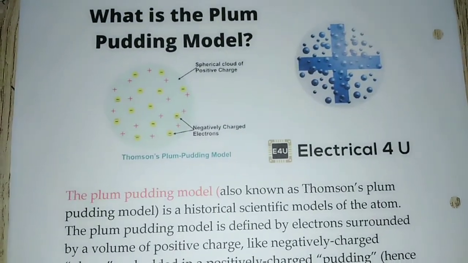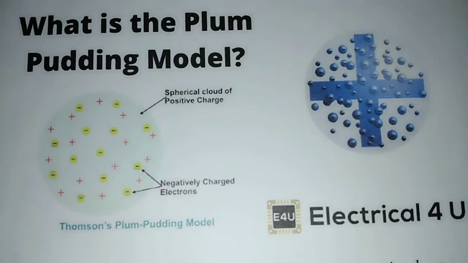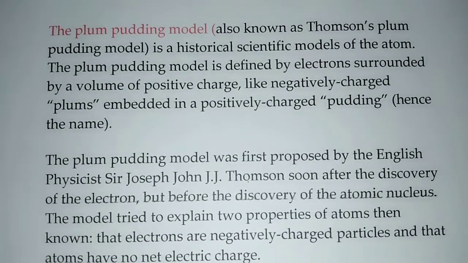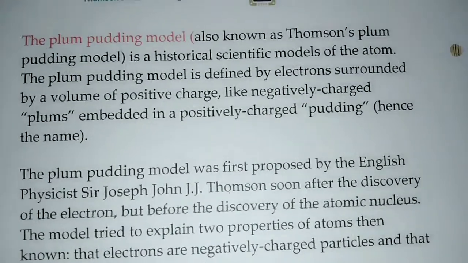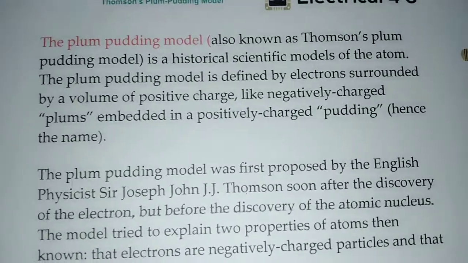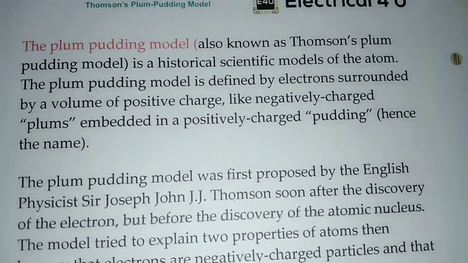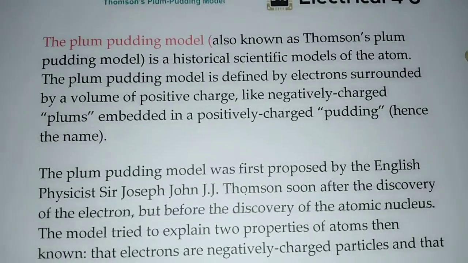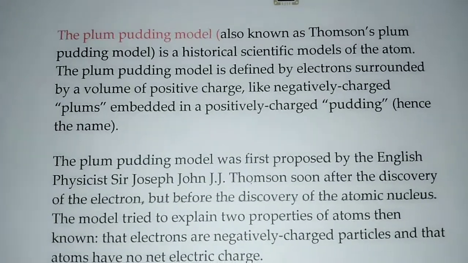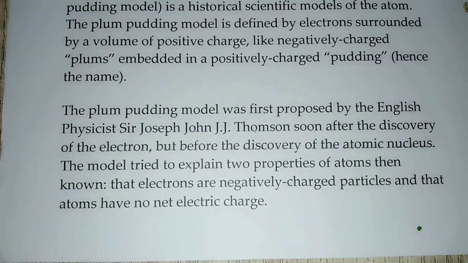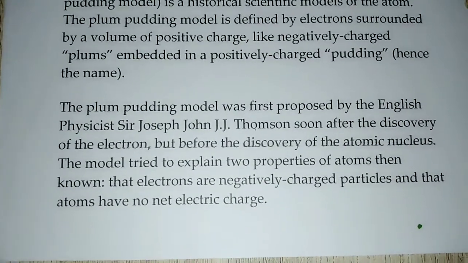What is the plum pudding model? The plum pudding model, also known as the Thomson plum pudding model, is a historical scientific model of an atom. The plum pudding model is defined by electrons surrounded by a volume of positive charge, like negatively charged plums embedded in a positively charged pudding, hence the name.